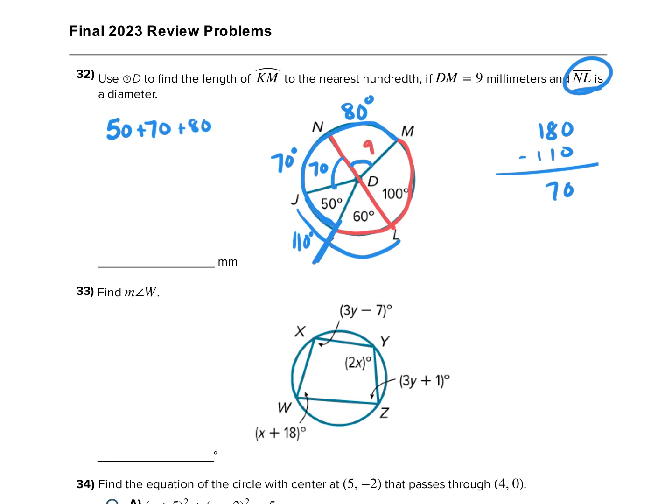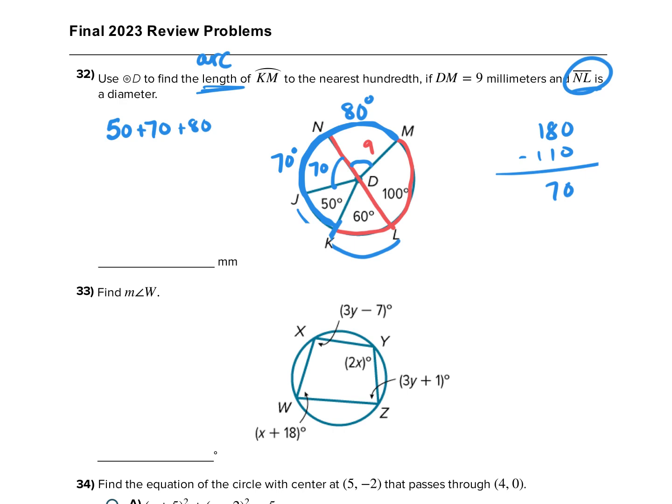That's K, L, M, N. All right, and I should probably move the 110 because I don't want to confuse anybody. I only used the 110 to find the arc of JN because NL was a diameter. But what I'm looking for is the length of KM. So this is the same as asking about arc length because KM is an arc.